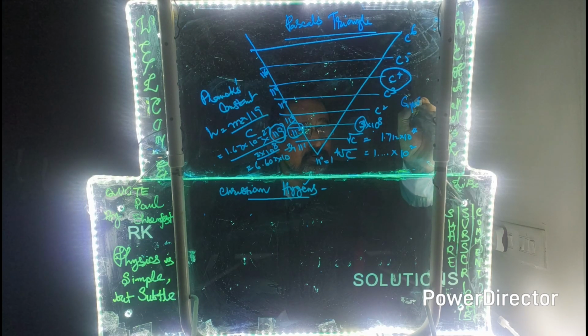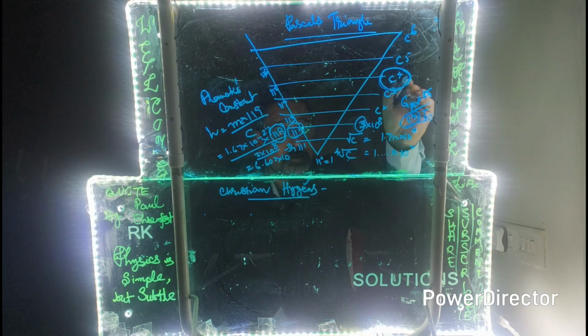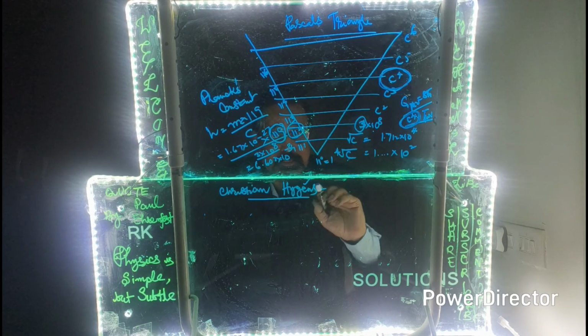G mu equals 8 pi G by C4 into T mu. So that's what he came up with. This C4 is a kingpin. This C4 rules everything.